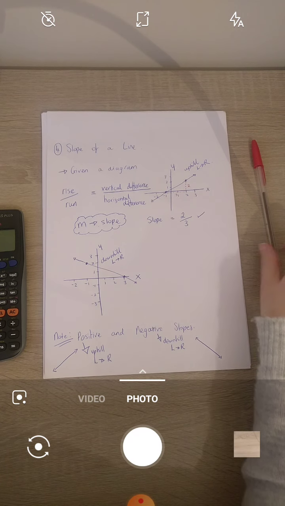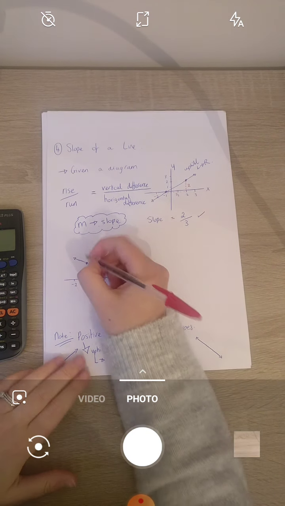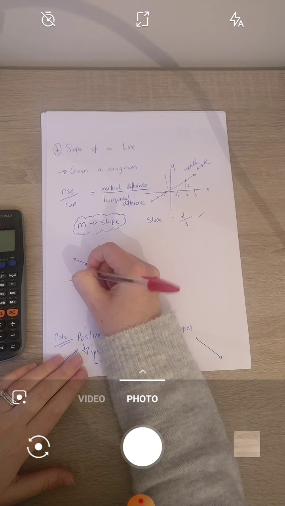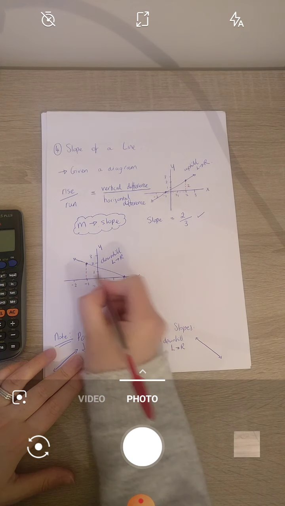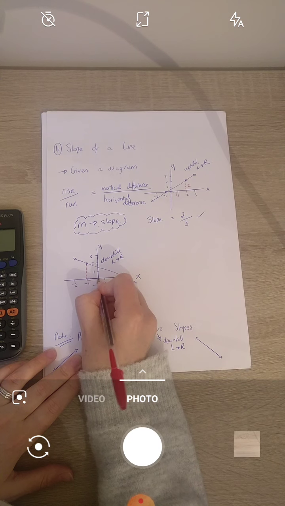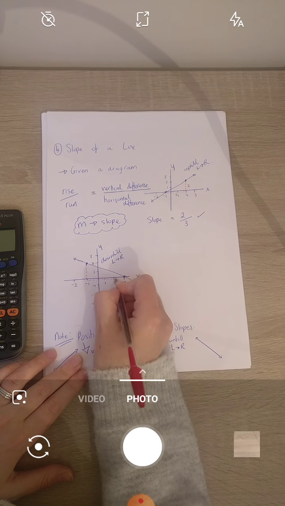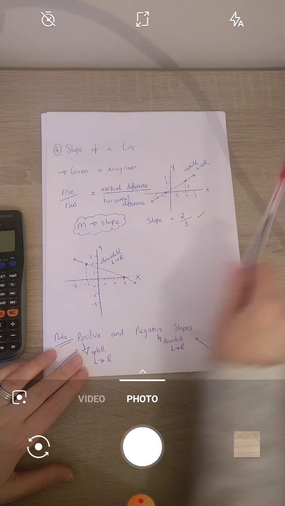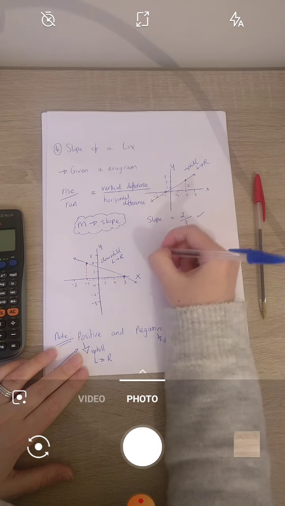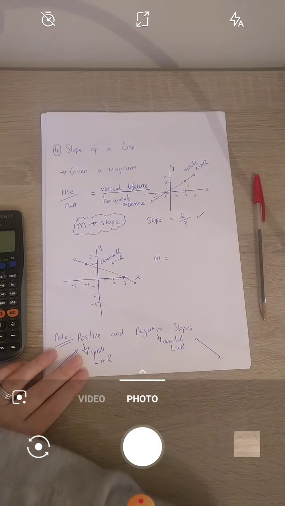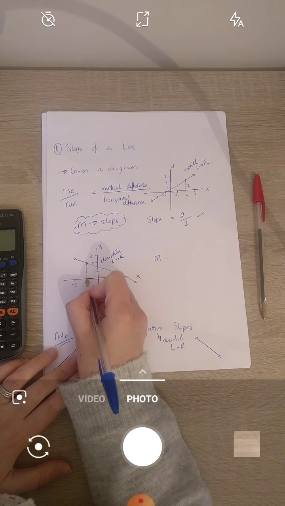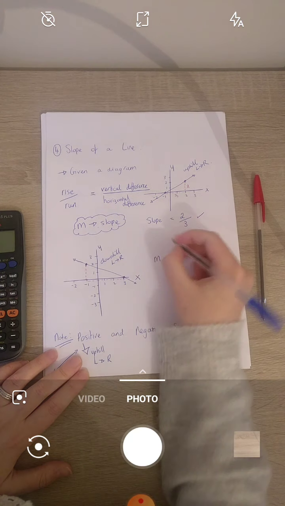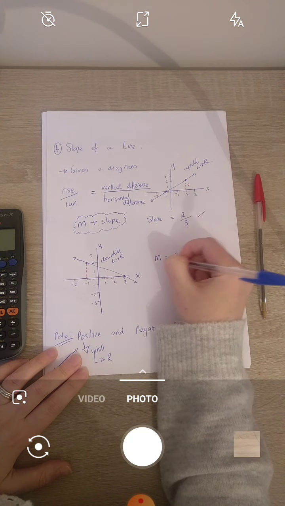So let's look at the rise over the run here. So the rise between the 2 points, again, is here, and the run is here. So you should notice it ends up making a right angle triangle. So the rise, I'm going to call this m because our slope is m. Our rise goes from the x-axis up to 2, so the rise is 2 units.